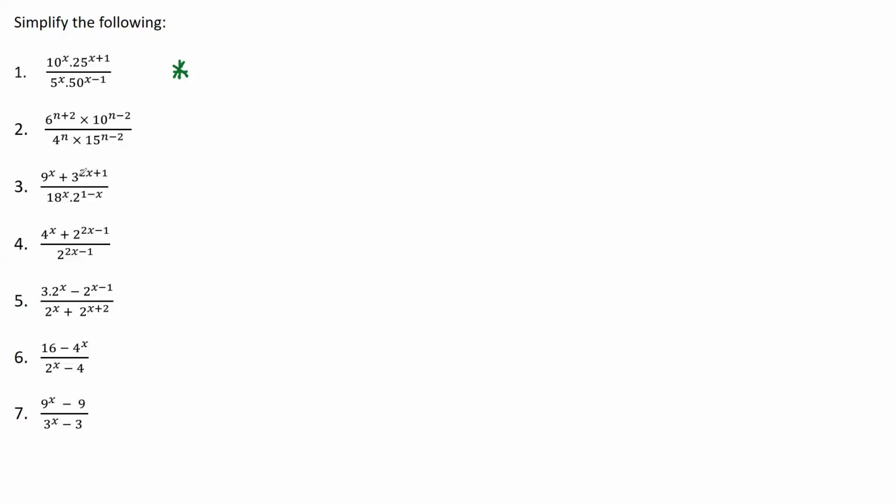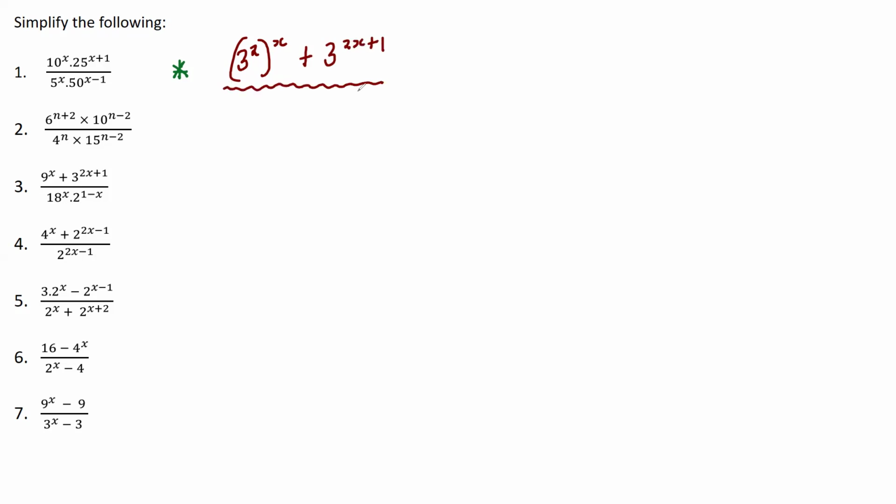9 to the power x plus, this time there's a plus, 3 to the power 2x plus 1, over 18 to the power x times 2 to the power 1 minus x. What am I looking for? Relationships. 9 can be changed to 3 squared, then to the power of x, plus 3 to the power of 2x plus 1.